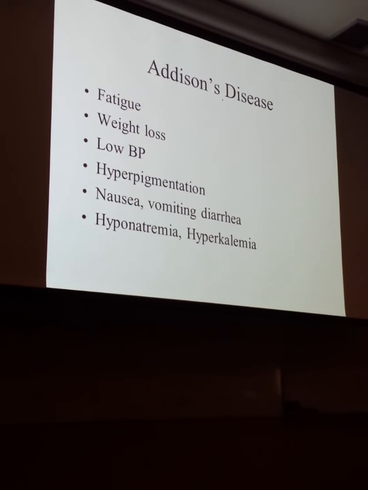Now, the opposite of Cushing's disease is called Addison's disease. Addison's disease is primary adrenal gland failure, and there are a number of ways that the adrenal gland can fail. If the adrenal gland is not there, ACTH goes way up, just like if the ovaries aren't there, because it's no longer regulated by the negative feedback from the mineralocorticoids and glucocorticoids that the adrenal gland produces.